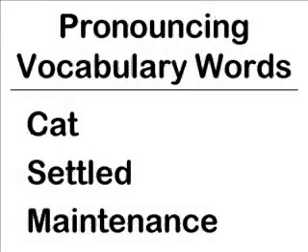I found that many of my international friends, when speaking English, tend to pronounce each letter within a word with the same emphasis or volume. For example, my friends might pronounce the following words in this way: cat, settled, maintenance.